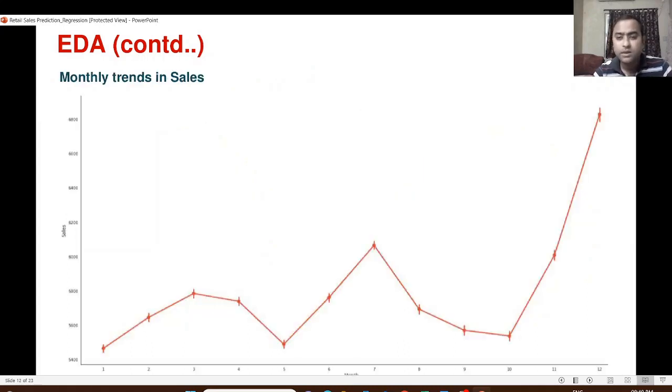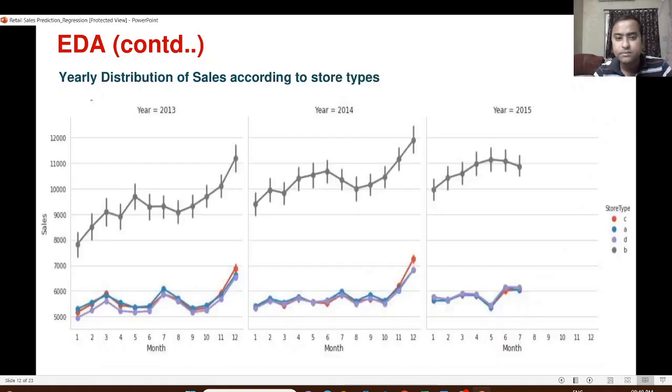Now we can see in the graph the monthly trends in sales. Here is the yearly distribution of sales according to store types.